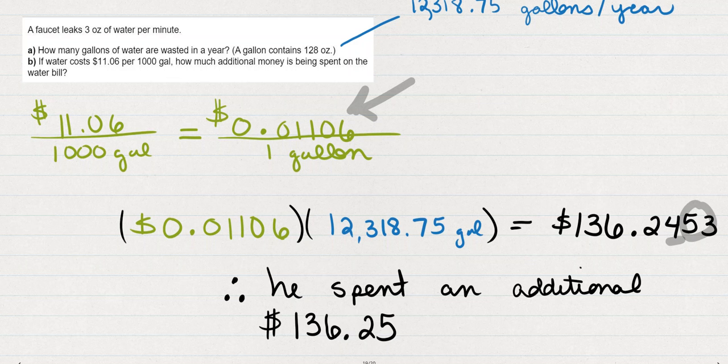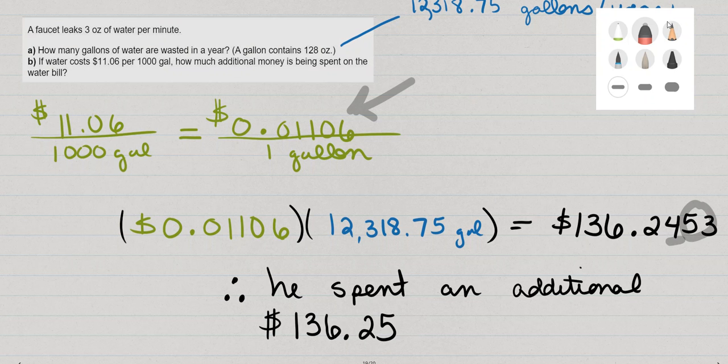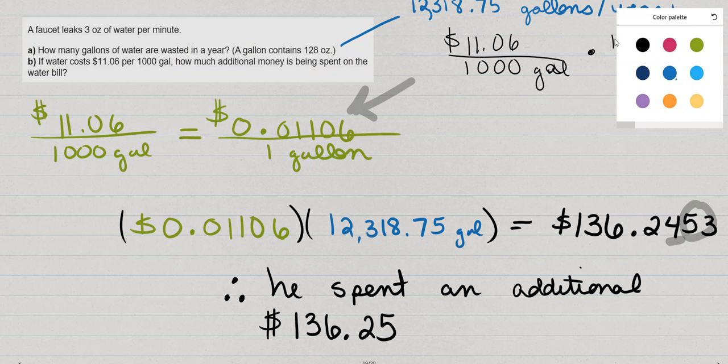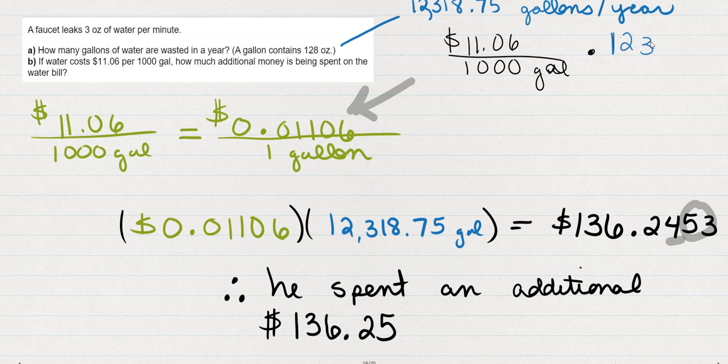Now, just to be clear, in case it threw you off what I did here with changing that $11.06 to how much it is for a gallon, let me show you another way I could have approached this equivalently. I could have taken this 12,318.75 gallons per year times $11.06 over 1,000 gallons.